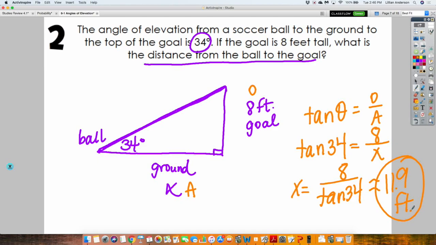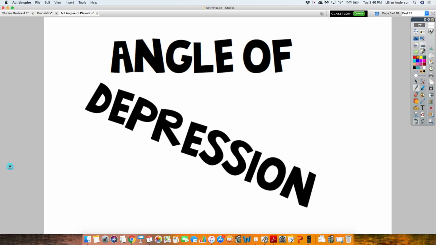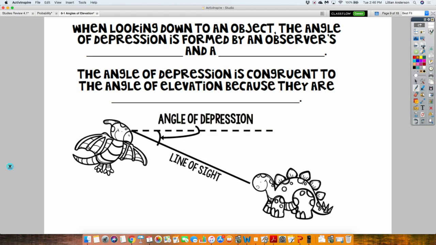Questions on angles of elevation. Key thing: horizontal line, line of sight looking up. Because depression is the opposite. The angle of depression: this time you're going from a horizontal line looking down. That's your line of sight.